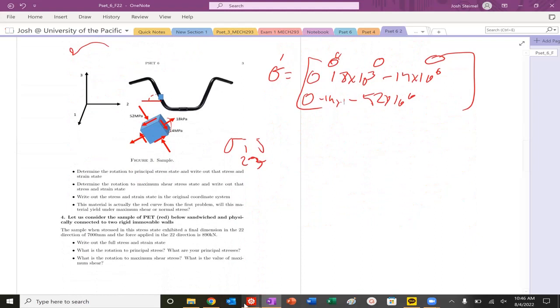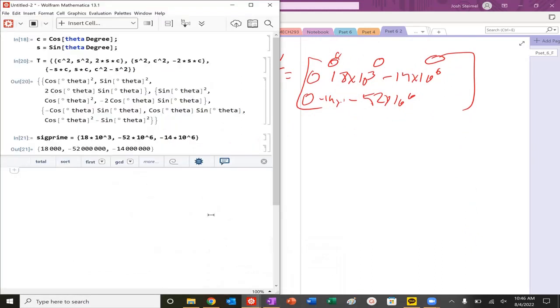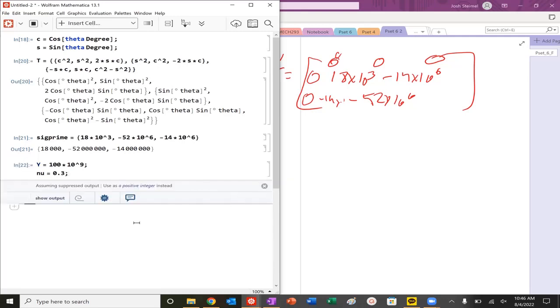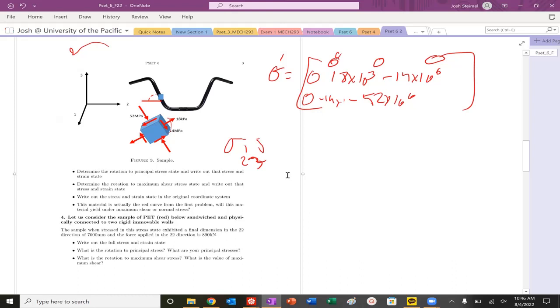What about my strain state? Well, I know that my material is chromium, so Y is equal to 100 times 10 to the 9. My nu is equal to 0.3. Let's redefine that. So I can calculate, and actually I already know for my strain, I'm going to have to calculate shear strains.